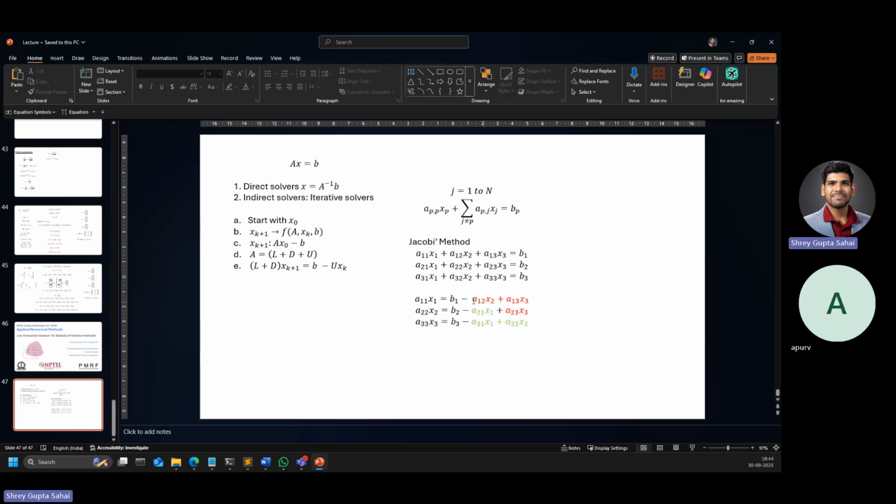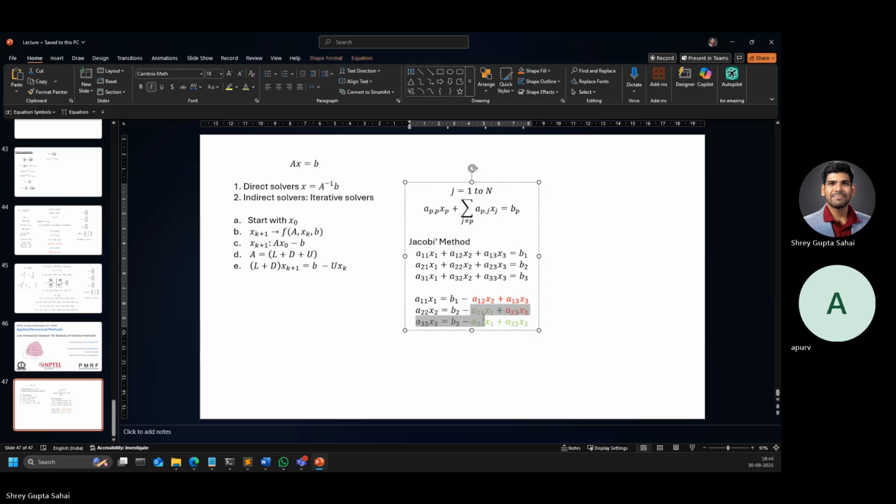So now what you will see is the green terms are terms in the lower diagonal part of the matrix. So A21, A31, A32. Whereas A12, A13, and A23 are the upper part of the matrix.